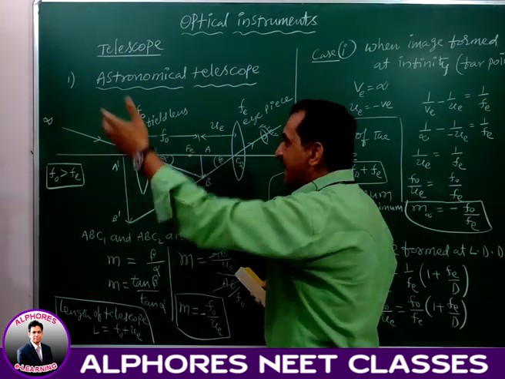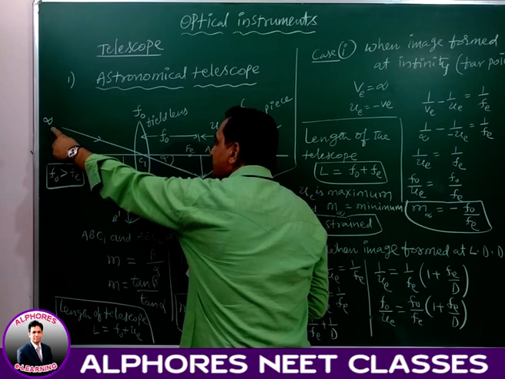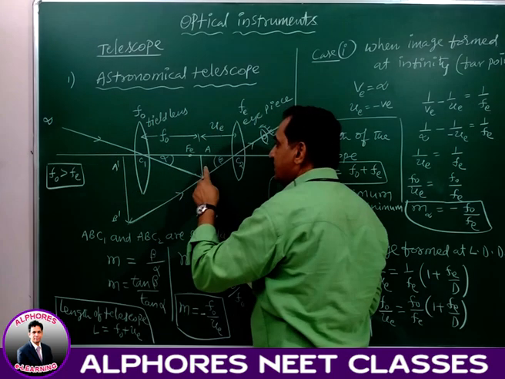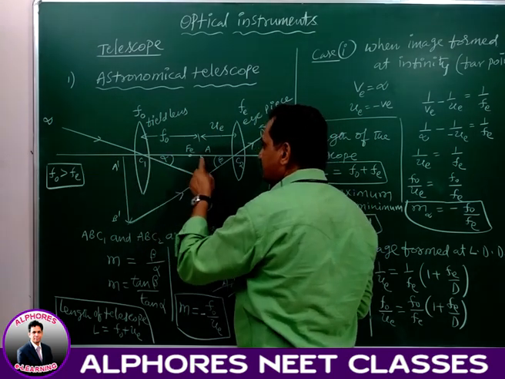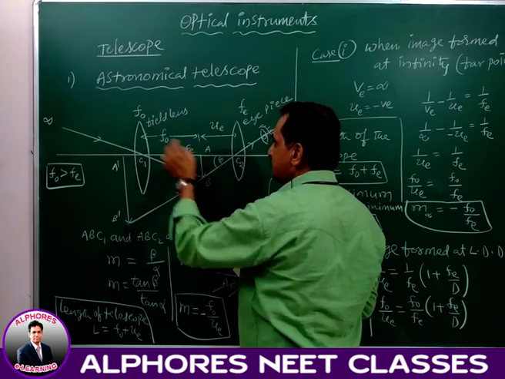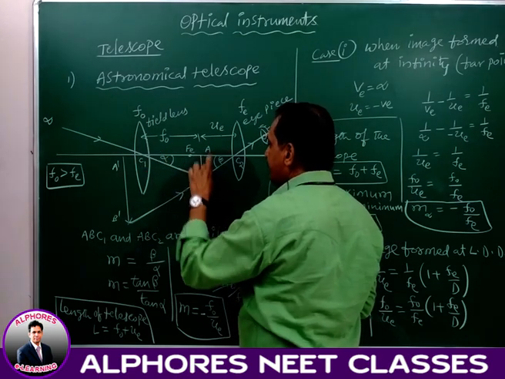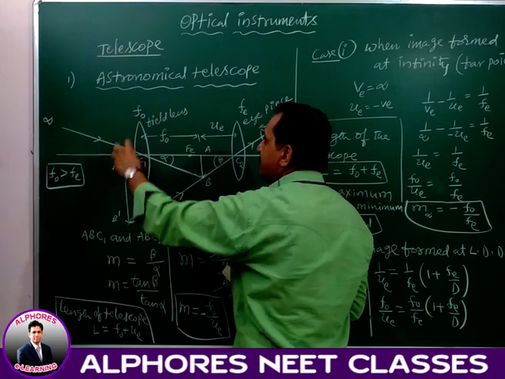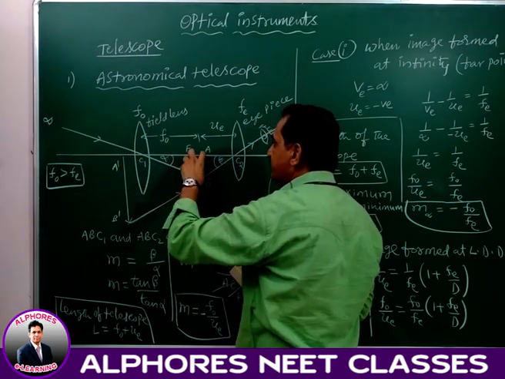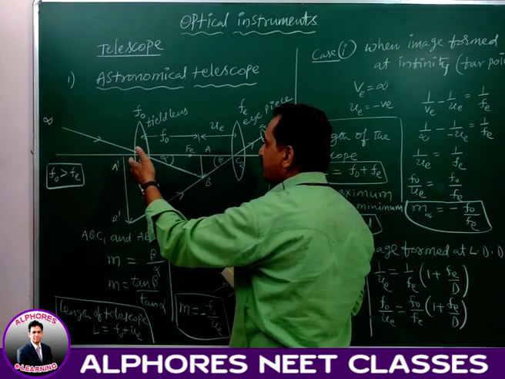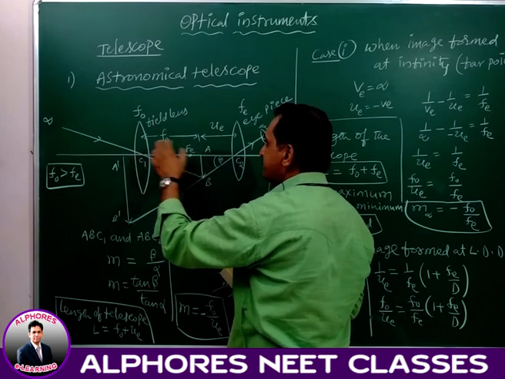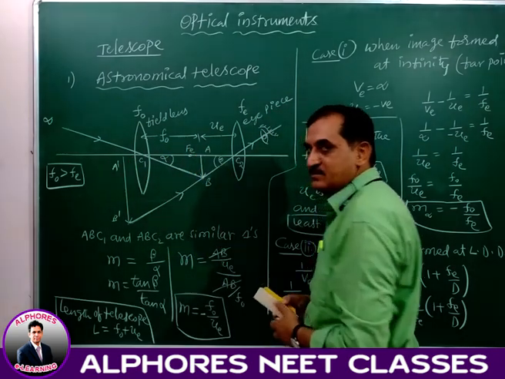Okay, a body in the galaxy, that is at infinity, and its image is formed exactly at the focus point of the field lens. So this is the first image AB of the object, and its corresponding image is formed by the field lens at its focus point f0.